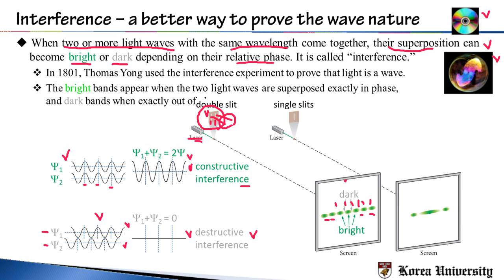This was a very strong and decisive way to prove that light is in fact a wave, because it looks like 1 plus 1 becomes 0, and this is possible only in waves.